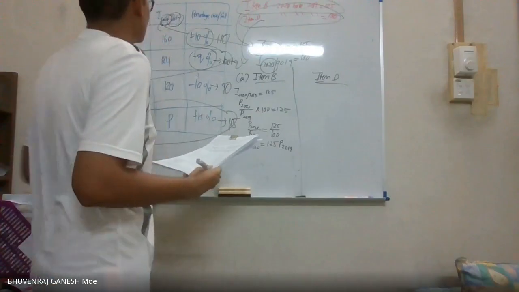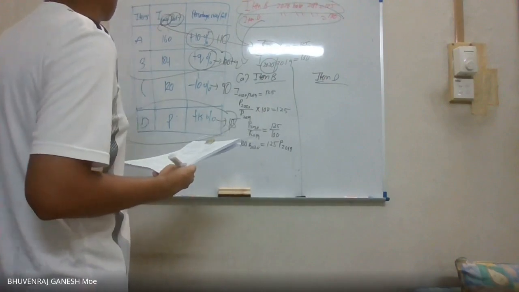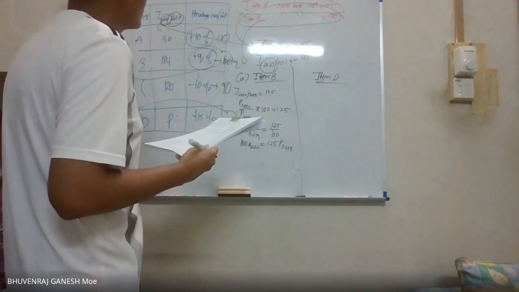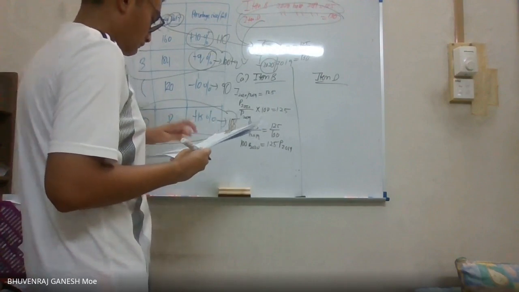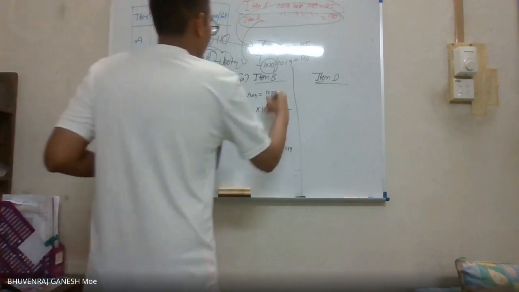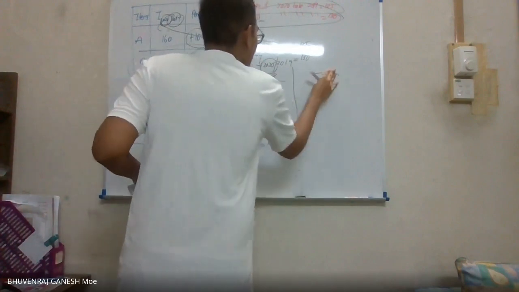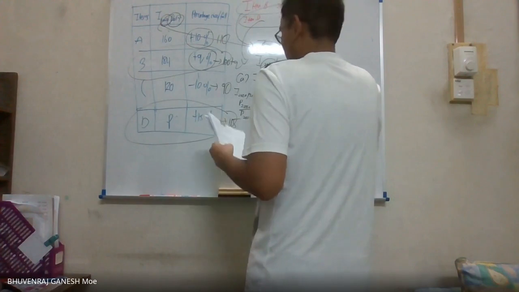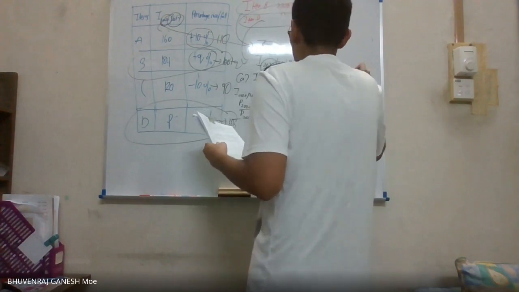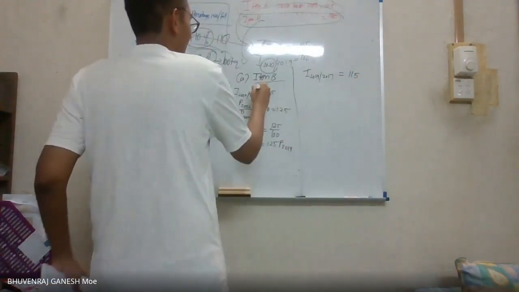Wait, let me think. This one is P, so you have that info, 2020 base 2019. Oh, and then this info I forgot to write. Yeah, this part. The I 2019 base 2017 is 115. So the common year here is 2019.